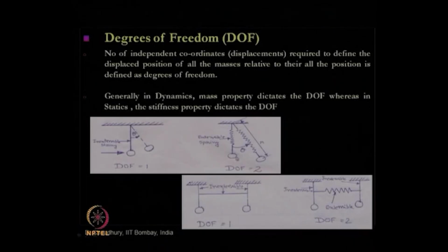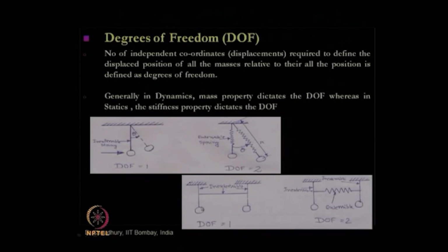That is because with respect to time, this theta and R both will change, and we should know both theta(t) and R(t) at different times to mention the displaced position of this mass at different times. So, these two are the minimum number of independent coordinates, because they are not dependent. That decides the degrees of freedom of this system under the dynamic condition.